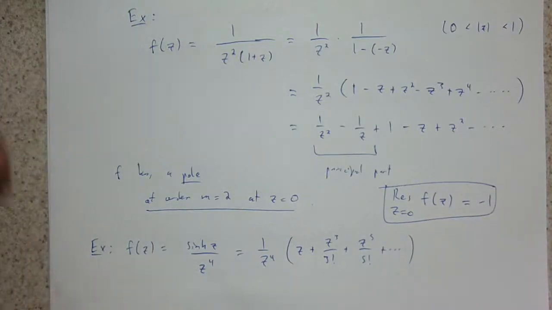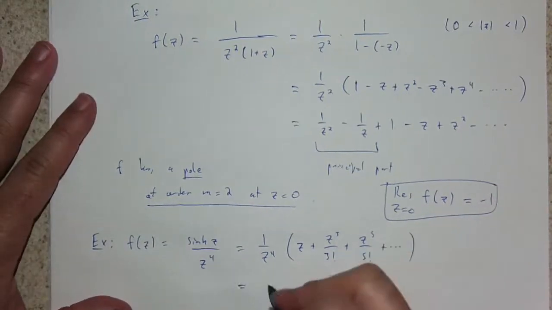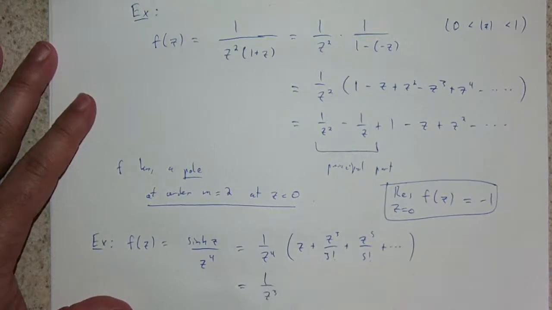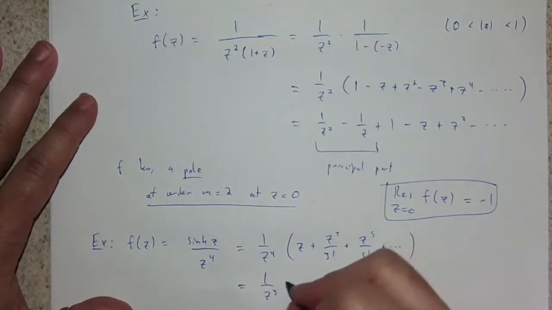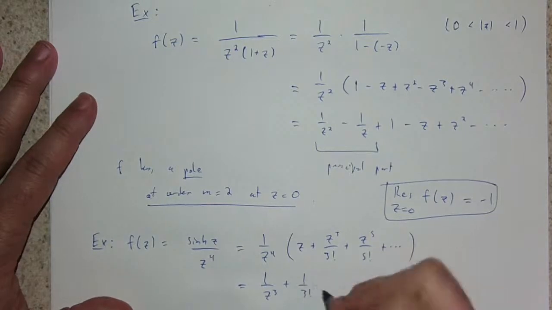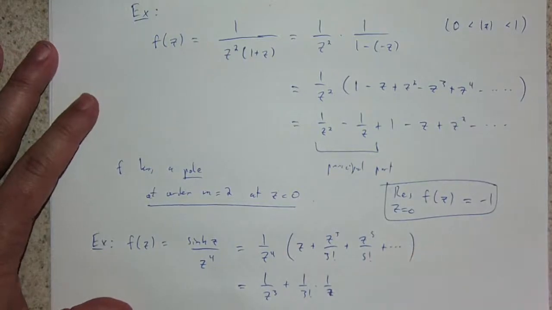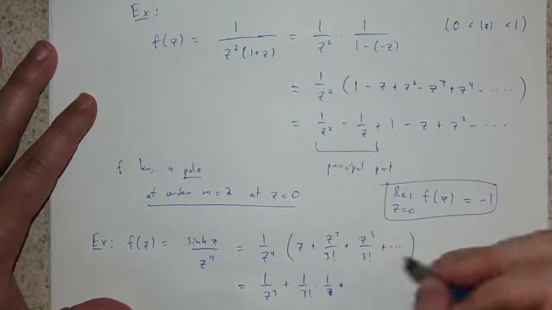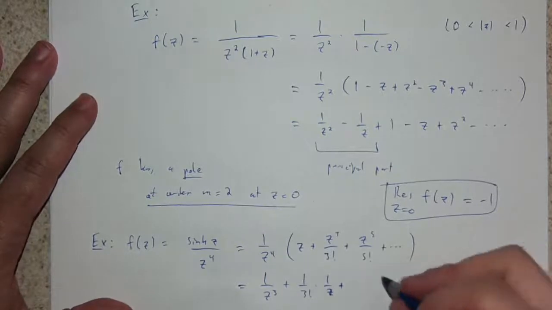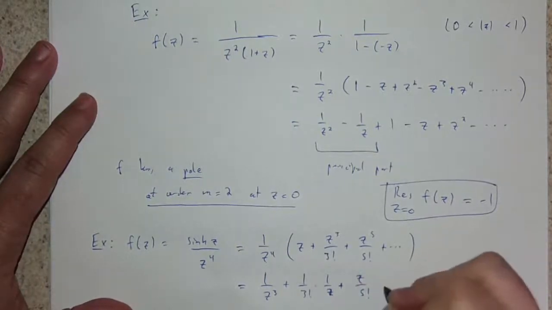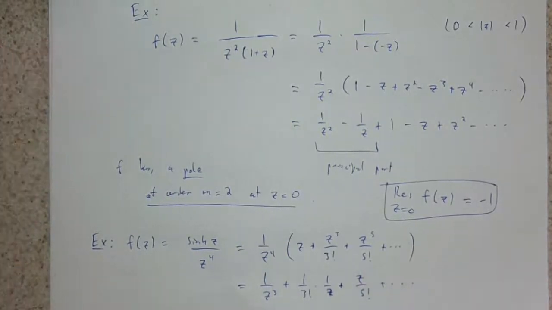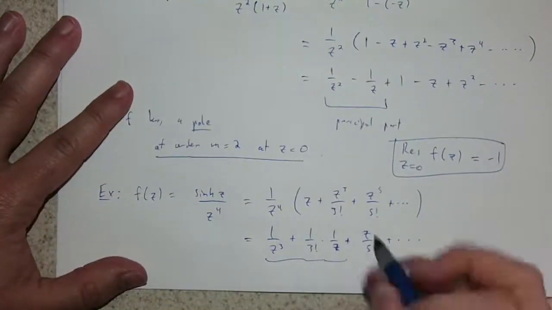So 1 over z to the fourth, what does that give me? This gives me 1 over z cubed plus 1 over 3 factorial times 1 over z plus z over 5 factorial and so on. And so here's the principal part.